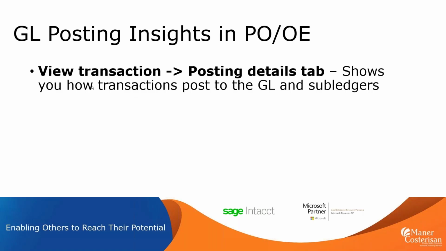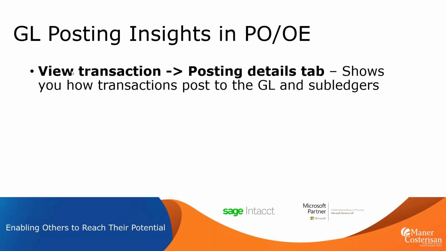So the one point of illustration here, and I want to make sure I point this out because this actually fooled me for a second when I was playing around with this also. When you are going out onto, let's just say purchasing, I usually like to hit edit on transactions in order to look at them, but in order to see the GL posting, you have to hit view.